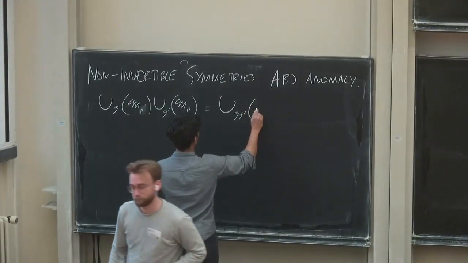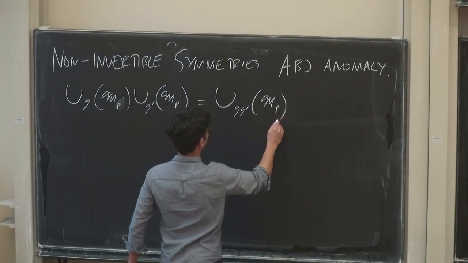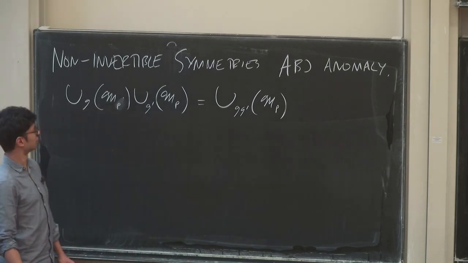So let me just put this in context. All of this time, we have been discussing symmetries that have a group law, right? In particular, we've had some sort of topological defect labeled by some element of some group, and then we had something else. So let me just call this M sub p, and some other M sub p, and it was always the case that we could fuse these together in the following manner, okay?